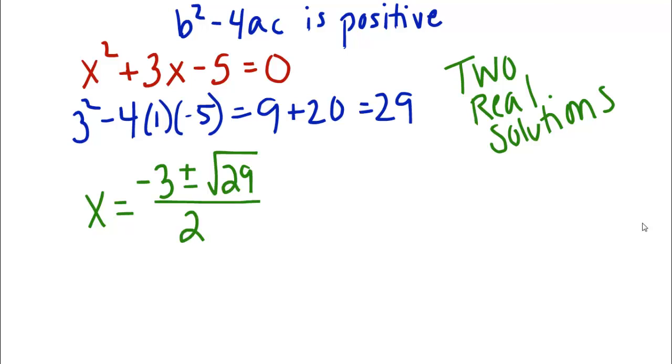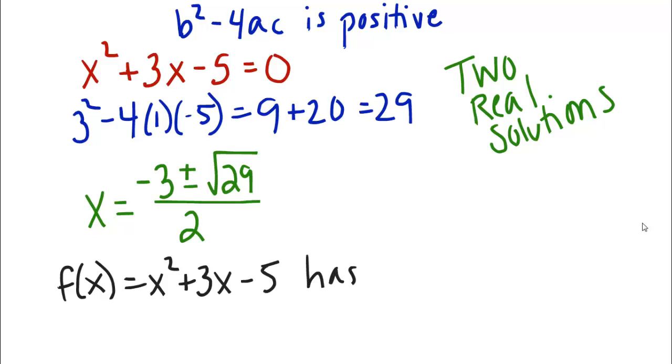I can't simplify this. I know that if I graphed f of x equals x squared plus 3x minus 5, it would have two x-intercepts. That's what that would mean graphically.